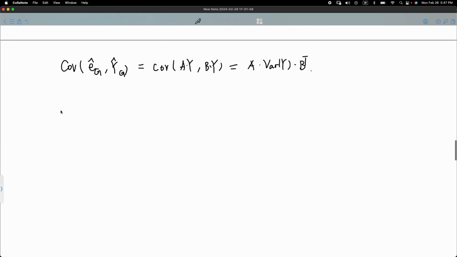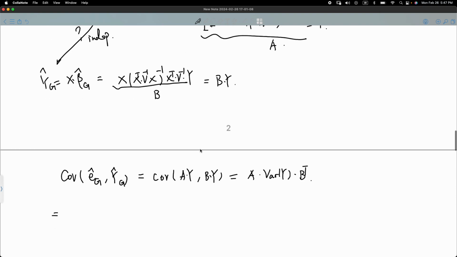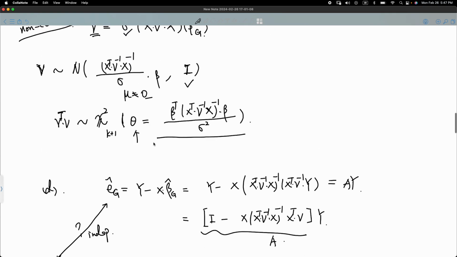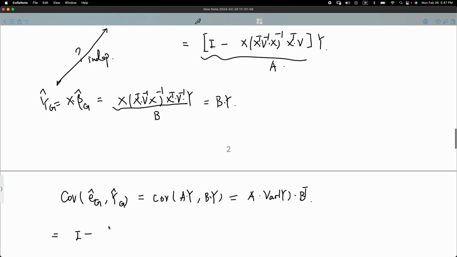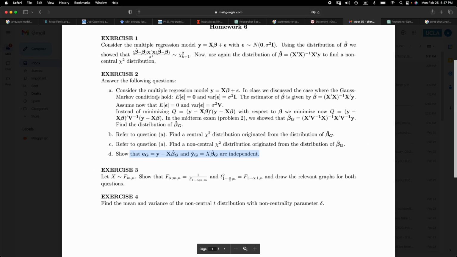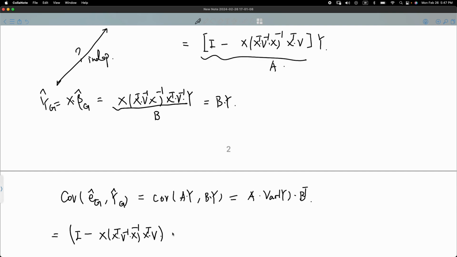So the rest is just plugging in A and B. So A is I minus x transpose V inverse x transpose V. Because we're talking about the beta G, the covariance of the Y's should be sigma V, so this should be sigma multiplied by V. This is the variance matrix for Y.